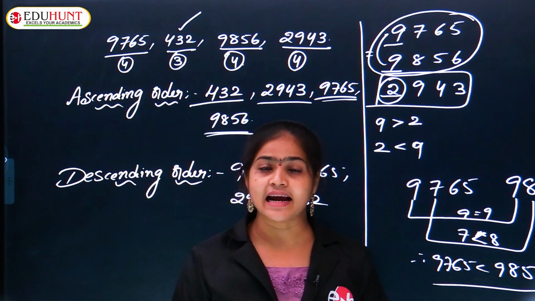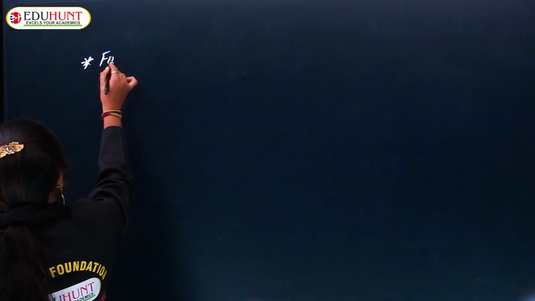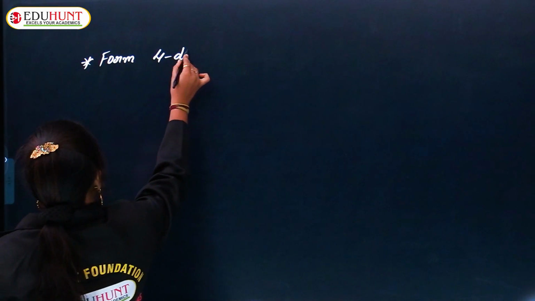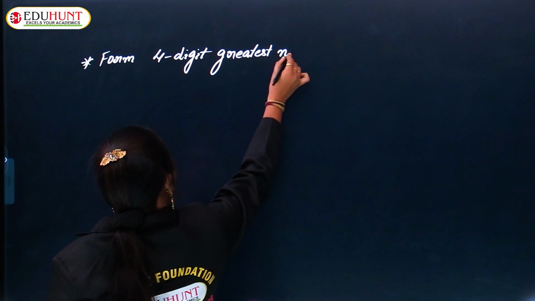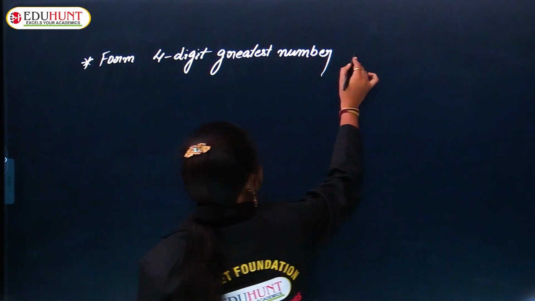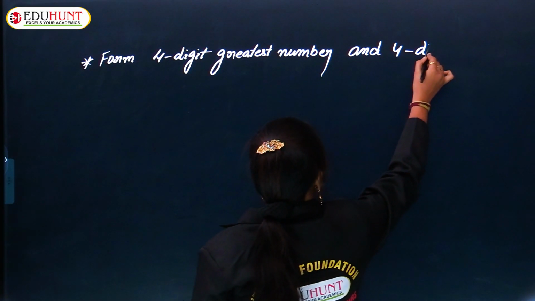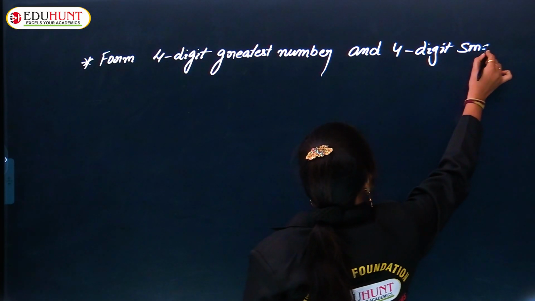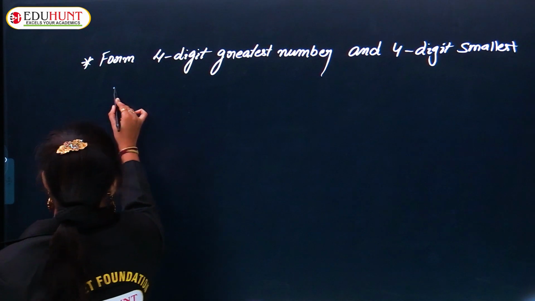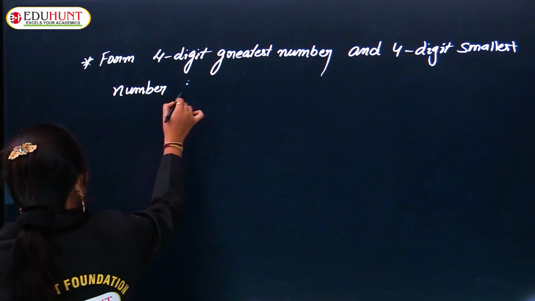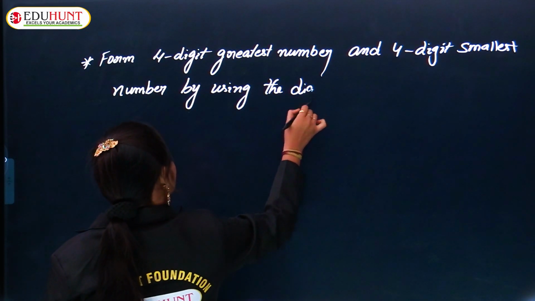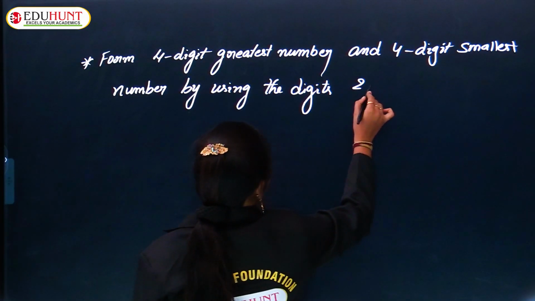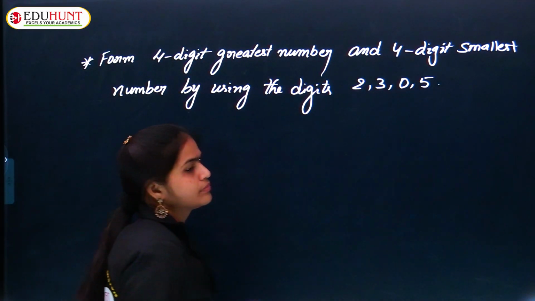In those cases also, see, the question is: form the 4-digit greatest number and the 4-digit smallest number by using the digits 2, 3, 0, 5. 4 digits are given.